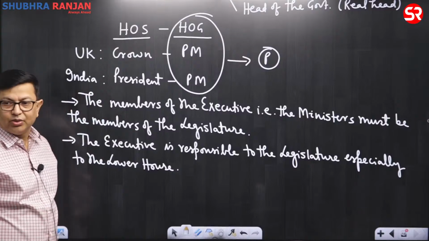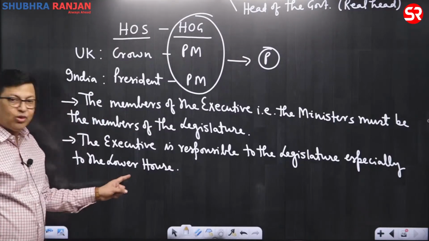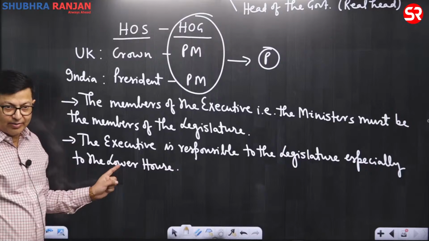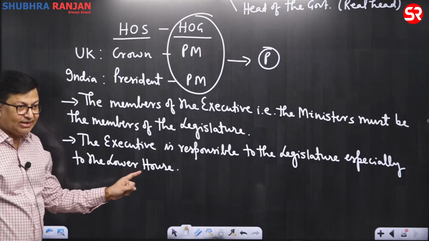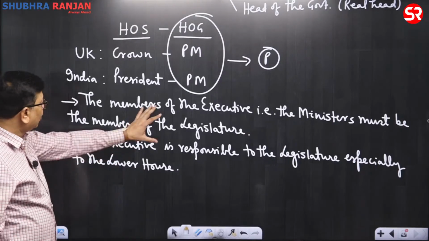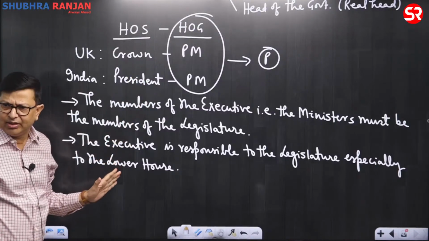To the lower house. Lower house is the popular house: Lok Sabha in our country, House of Commons in the United Kingdom. So these are the 3 points that you need to remember.